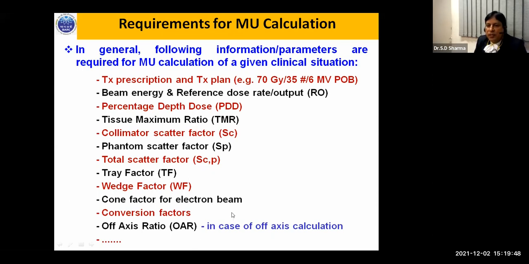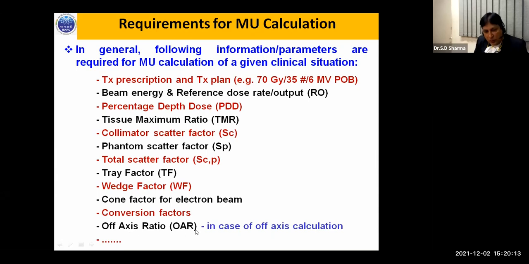In addition, sometimes we also require a conversion factor for certain corrections. Say for example, I have done our reference output measurement in an SSD setup, but I am going to treat the patient with an isocentric setup and I do not want to repeat the output measurement in the SAD or isocentric setup. So there is an approach of converting the reference output measured in the SSD setup to the SAD setup. This conversion factor is one example.